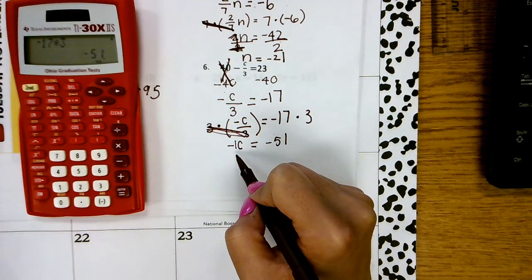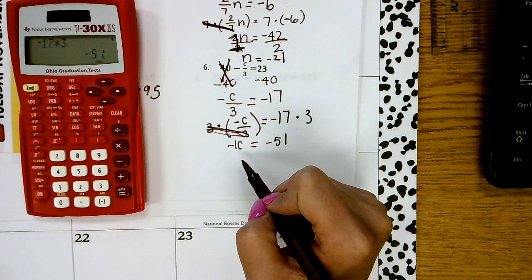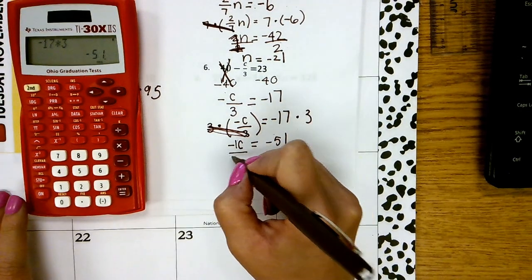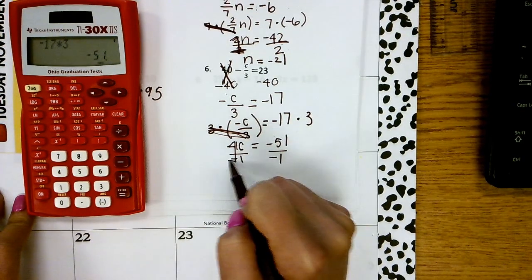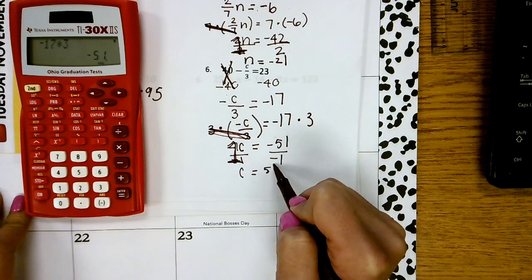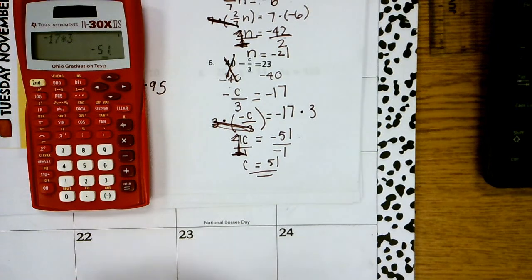We just don't always write that 1. But writing it can help us solve the problem. If we have negative 1 times c, but we just want c, we need to divide by negative 1 on both sides. Here, the negative 1's make a giant 1, so we just get that c is equal to 51. Negative divided by negative is a positive, and now we've solved the equation.